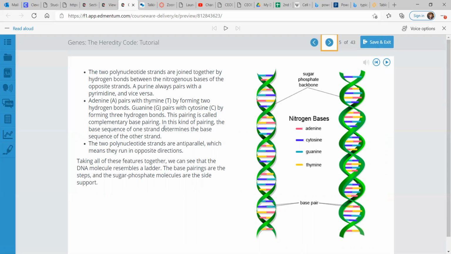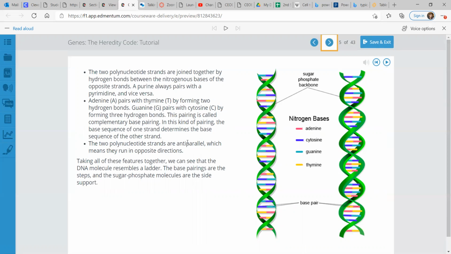This pairing is called complementary base pairing. In this kind of pairing, the base sequence of one strand determines the base sequence of the other strand. The 2 polynucleotide strands are anti-parallel, which means they run in opposite directions.